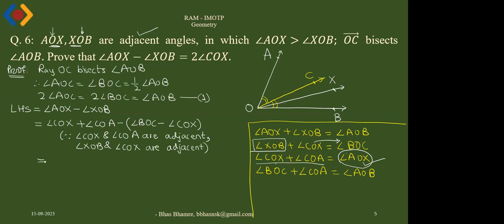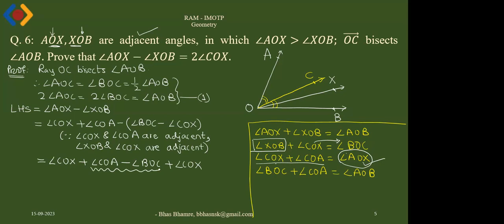So we have to open the bracket. I get angle COX plus angle COA minus angle BOC plus angle COX. Now, because of 1 here, you can see that these two are the same.